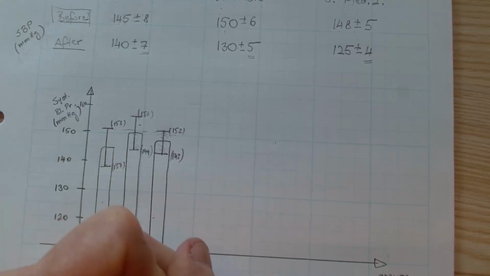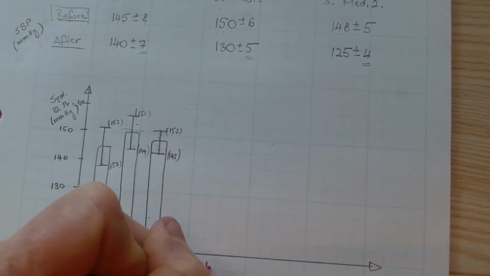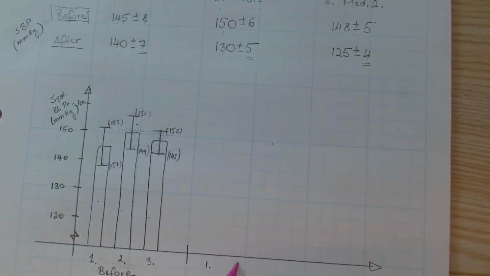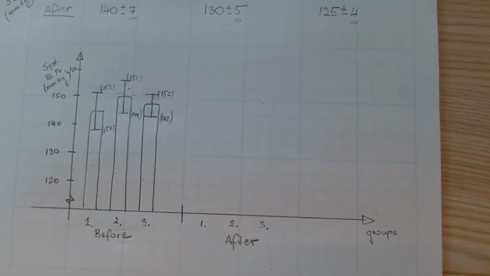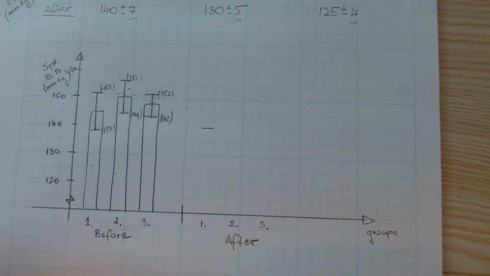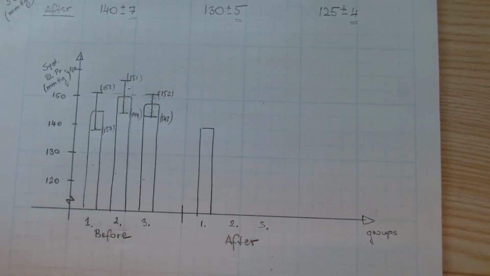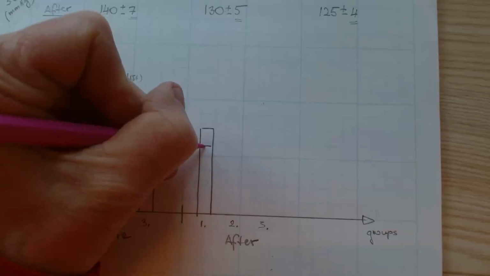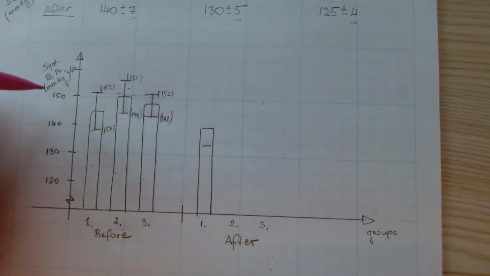But after the test, we have the placebo group, the first medication and the third medication, and let's see what we will have. First, the placebo is going to be 140. The error bars is 133 and 147.